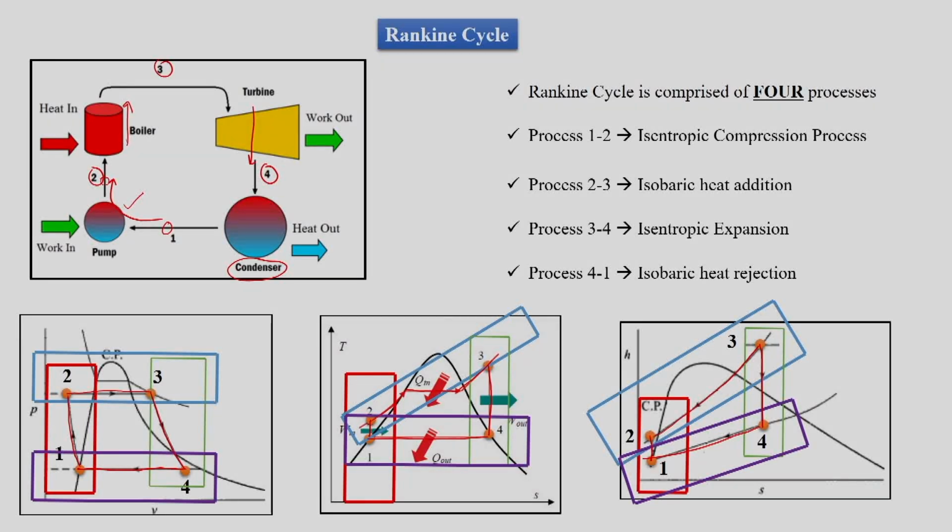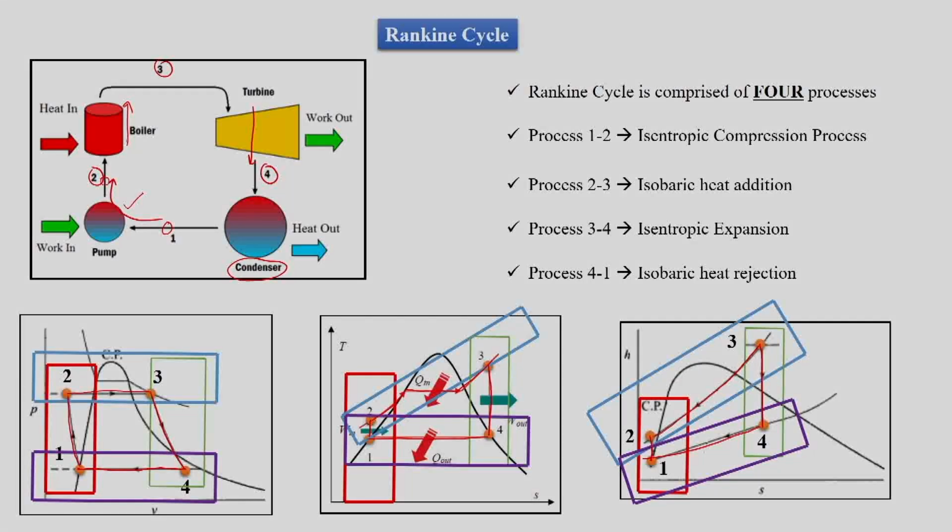So we can see that we have to plot TS, PV or HS diagrams for better understanding of a steam cycle thermodynamically. In the TS diagram, we have the constant pressure line 2 to 3, which has as an intermediate step where latent heat is supplied in the boiler.